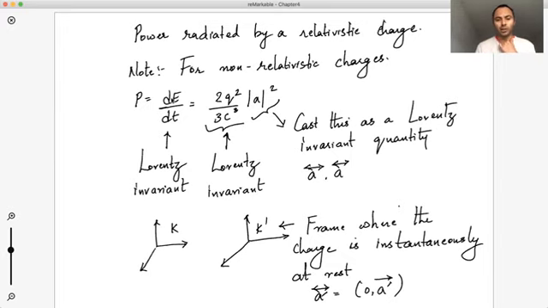So the numerator here is basically energy, right? This is the energy of the photons which are being emitted. And that's going to transform as the zeroth component of a 4 vector. And the 4 vector in this case is the 4 momentum, right?